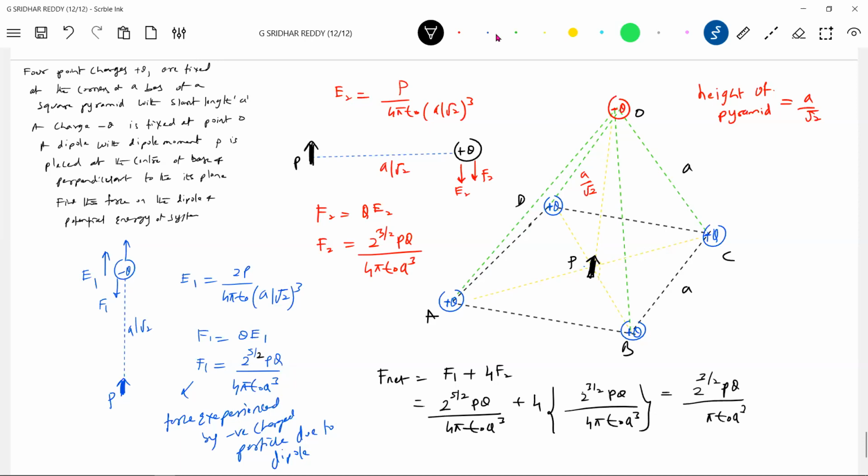If it is right, okay, I'll proceed further. What is this F net? By the dipole on all the charges or by all the charges on the dipole? Confirm. Shall I confirm this as answer? Check calculation once and tell me.